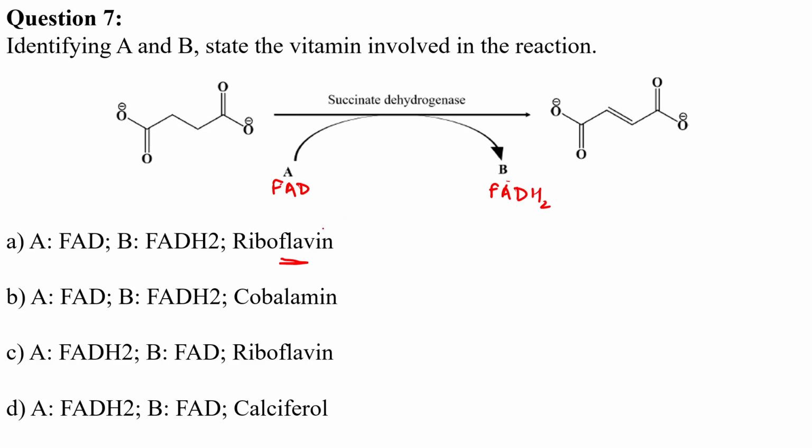So the active form of riboflavin is FAD. Like you have seen in case of thiamine, the active form was TPP, thiamine pyrophosphate. Similarly, for riboflavin we have the active form as FAD. Riboflavin is vitamin B2. So the correct answer is option A.